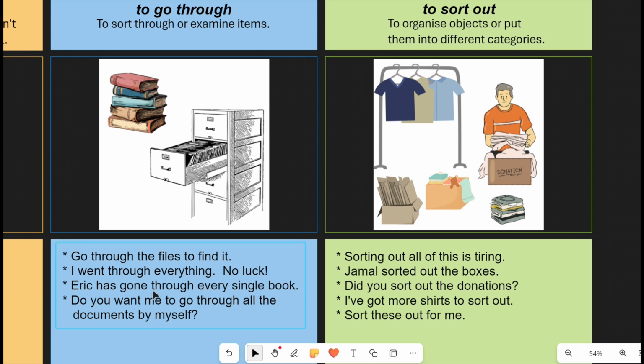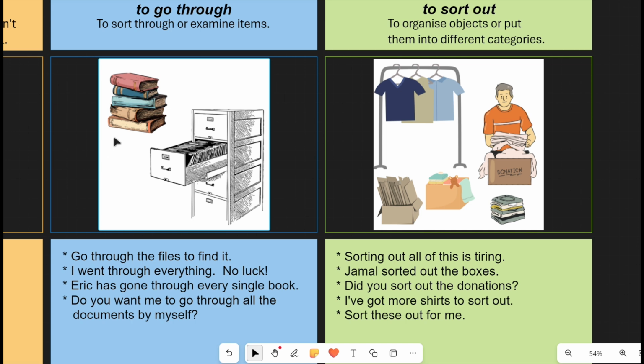This is the present perfect, has gone. The combination of has plus the third form, has gone. So you can imagine that Eric is looking inside these books for one particular thing, and one particular sentence or some information. And maybe he couldn't find it, or maybe he did find it.